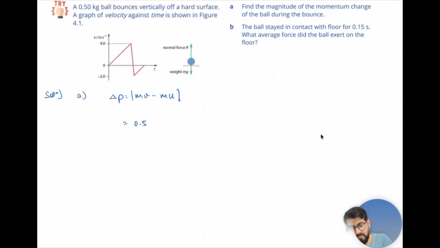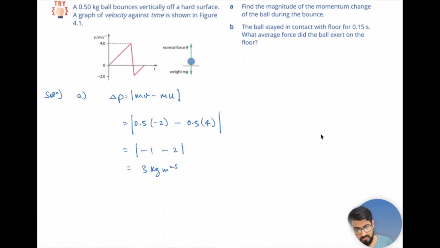You can read the graph. This is the initial velocity and this is the final. So final is minus 2 minus 0.5 times 4. When you solve this, you will get minus 1 minus 2. Absolute value will be 3 kg meter per second. So that's the answer for your part A.